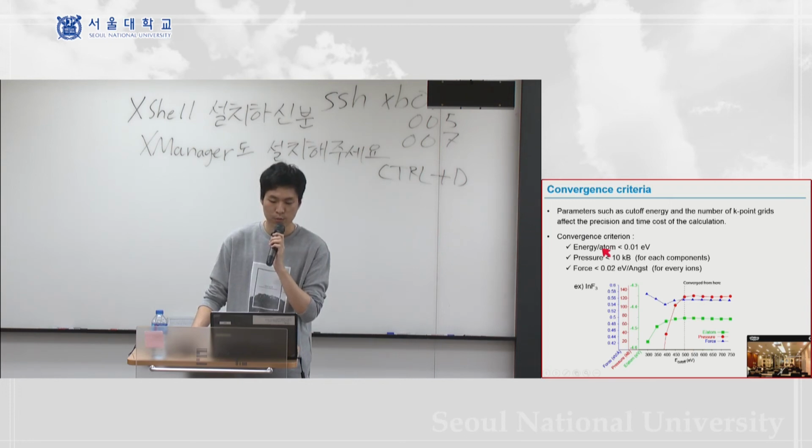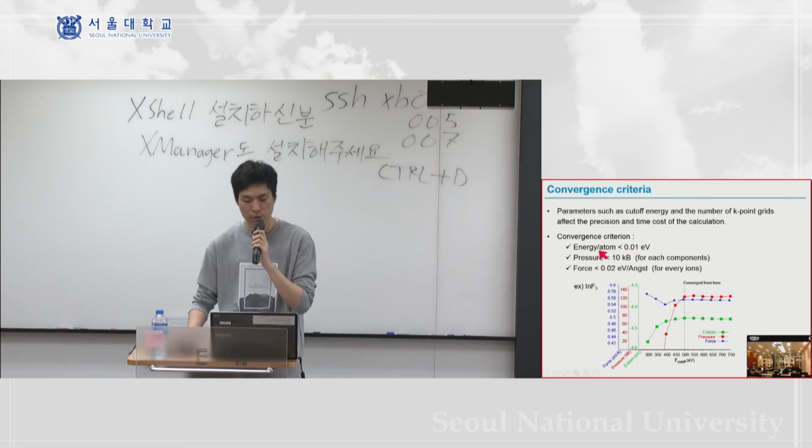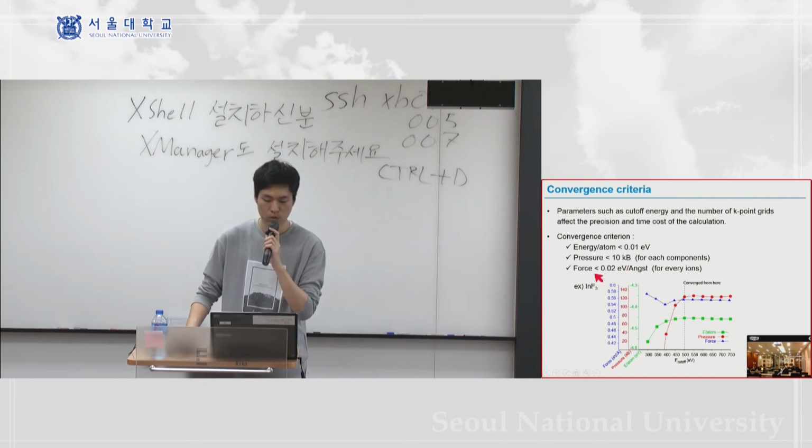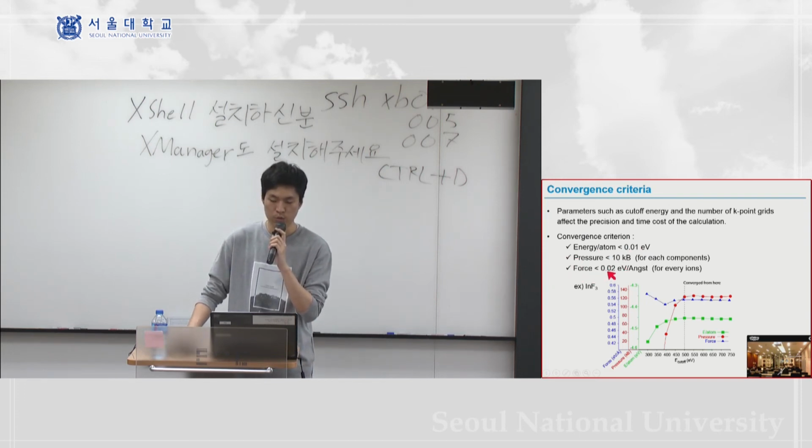In general, we use the criteria that the change in energy per atom is smaller than 0.01, so 10 milli electron volt, pressure is smaller than 10 kilobar, and force is smaller than 0.02 electron volt per angstrom, something like that.